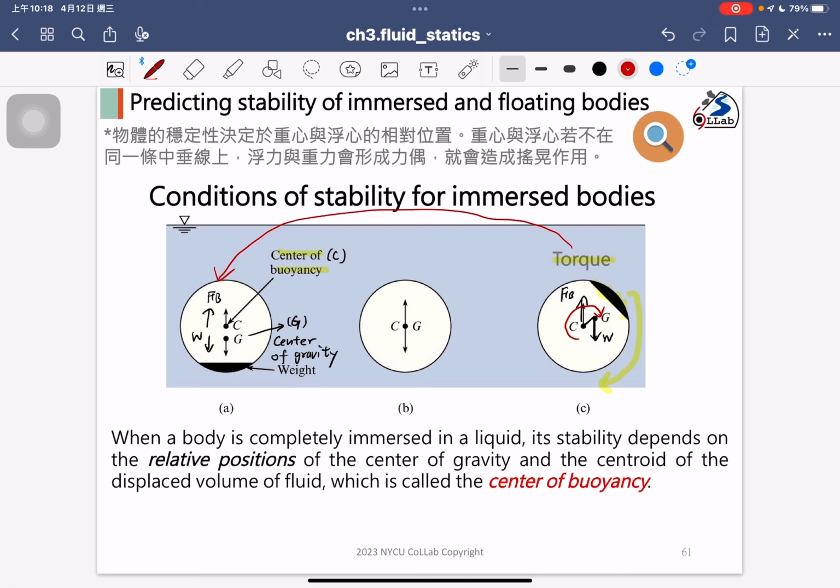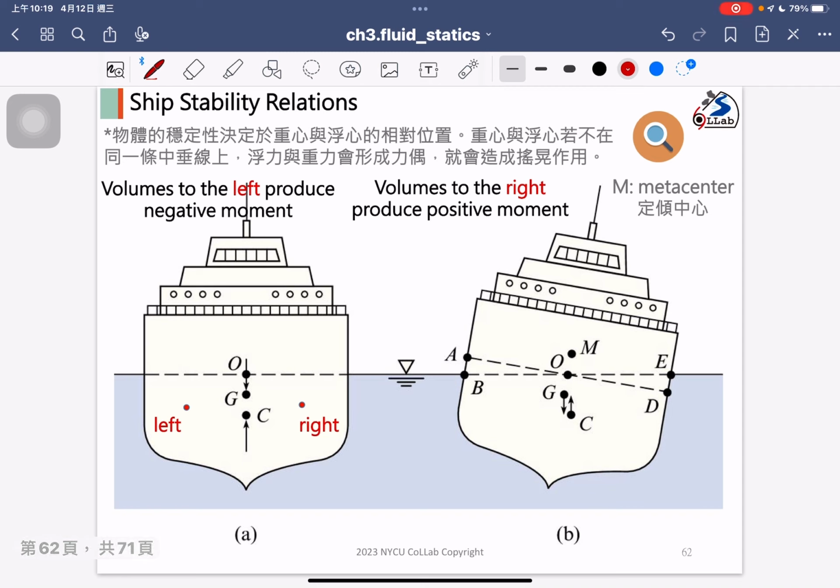That's the most important thing. If your C and G points are not along a single line, there is an additional moment, and it will move the body back to the stable condition. So just keep in mind we have the C point and the G point, and we can use them to predict the stability of the body.